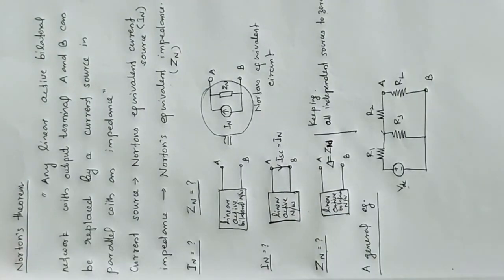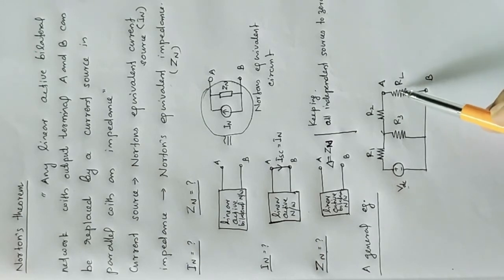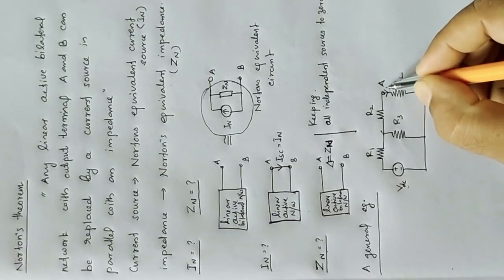Now let's see how to apply Norton's theorem to solve a network with the help of the simple DC network shown here. Here we need to find the current flowing through the load resistance RL.